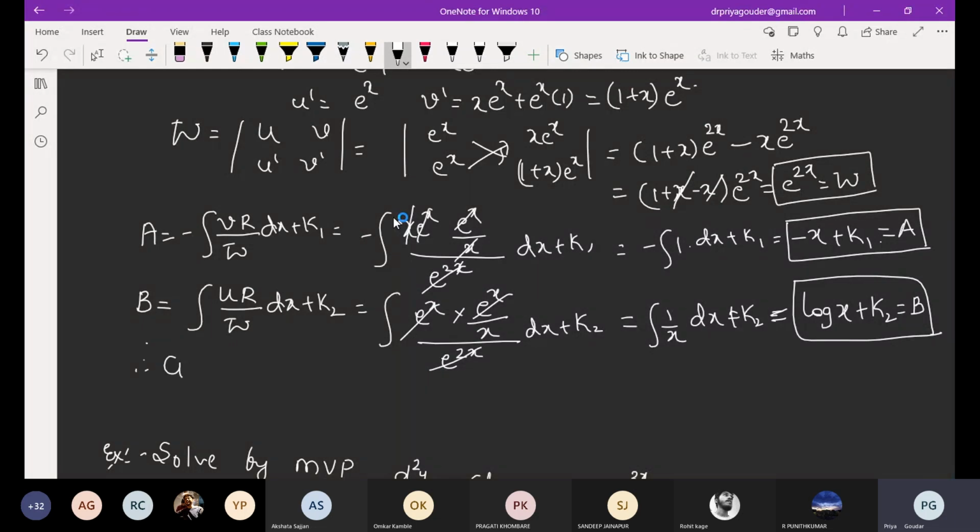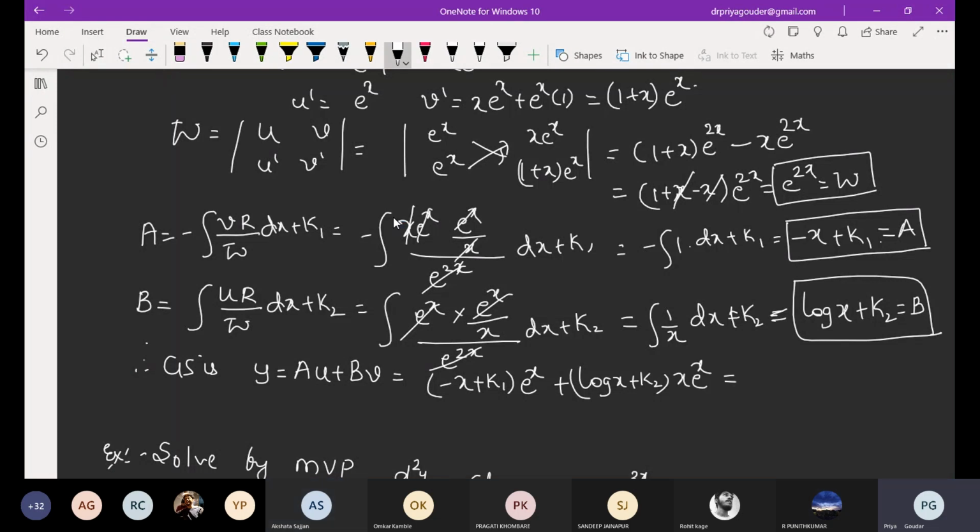Therefore general solution is y equal to AU plus B. We substitute now A. What is U? e power x. What is B? Log x plus k2. Into x e power x.